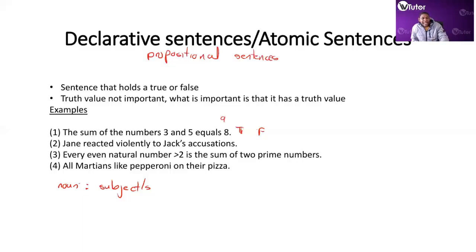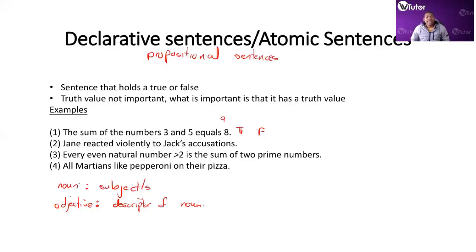And then we have an adjective. This is sounding like an English lesson now, but we have a descriptor of the noun. So we're trying to explain what the noun is doing. For the nouns 3 and 5, we are looking at their sum being equal to 8.